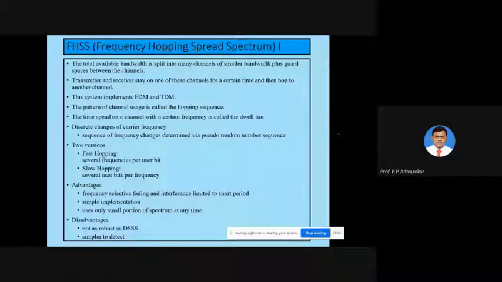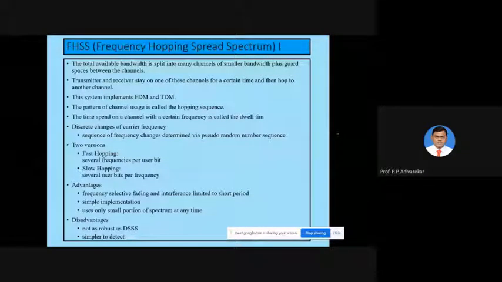Now FHSS stands for frequency hopping spread spectrum, as I said. In this particular technique the entire available bandwidth is split into many channels of smaller bandwidth. Again, I'm repeating, the entire bandwidth is split into many channels of smaller bandwidth, as well as the guard space between those smaller bandwidths is added to avoid adjacent channel interference.